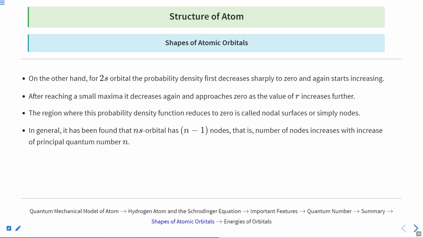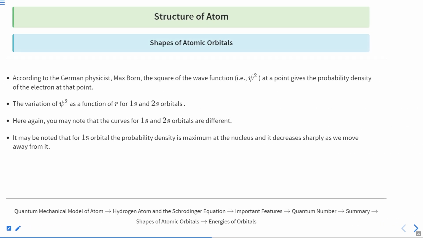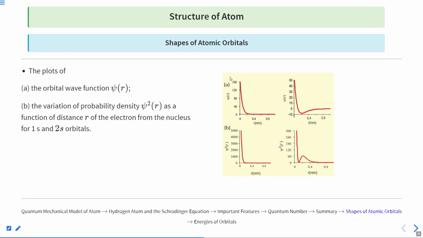Now if you talk about 1s and 2s, you can see that 1s decreases steeply, then falls and becomes collinear with this axis. But in the case of 2s, it does not behave so.